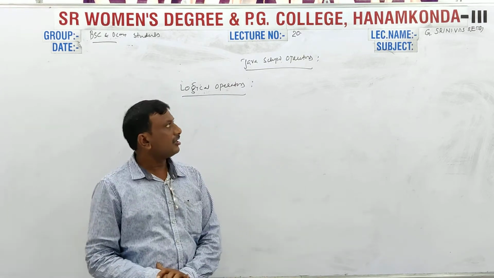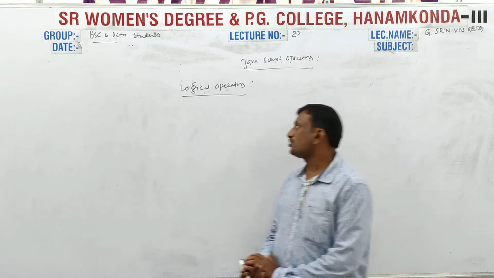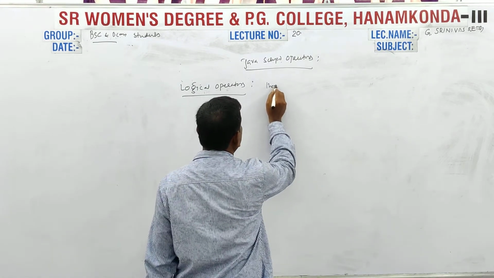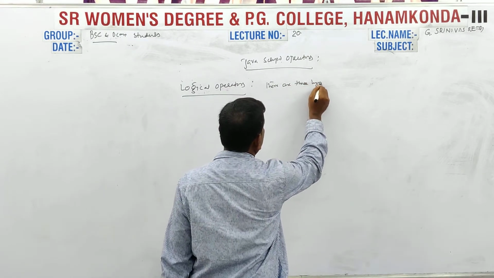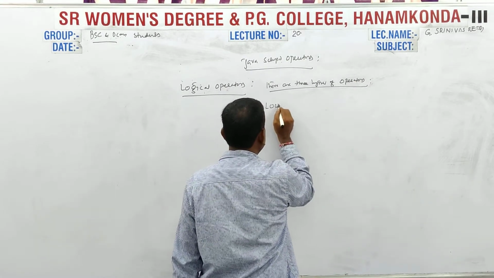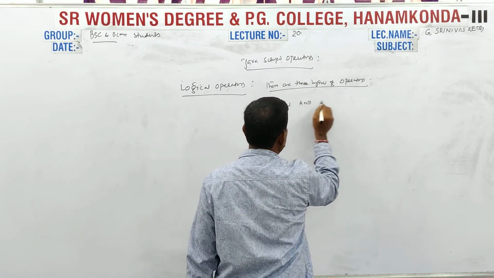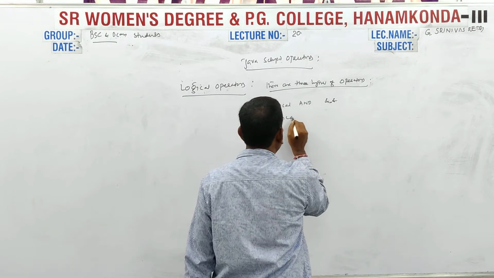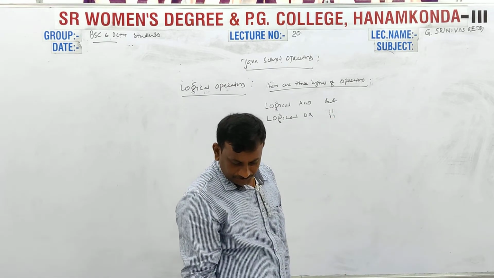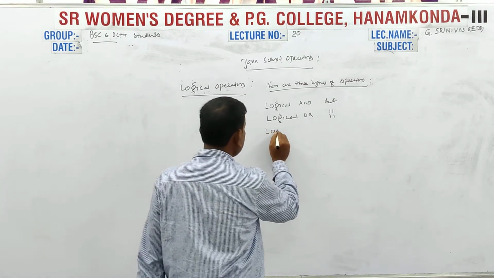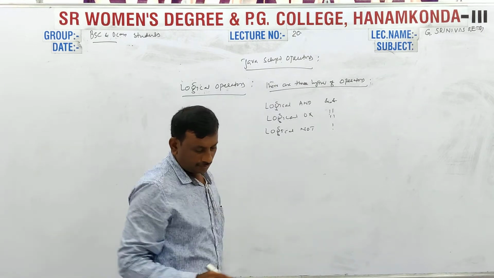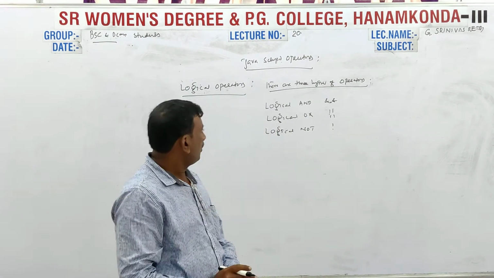There are three types of logical operators, and the operator symbol is shown here.